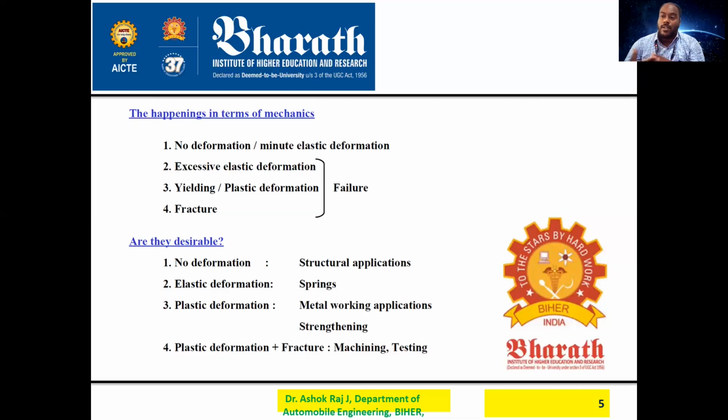That strength and hardness also depends on how you do the cooling rate, like fast cooling or slow cooling. Heat treatment is generally for the strengthening and hardening process. That's why they mentioned it. And plastic deformation and fracture, when they happen together, generally happen in the machining process as well as the testing process.